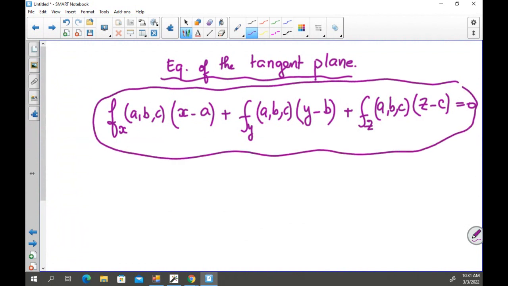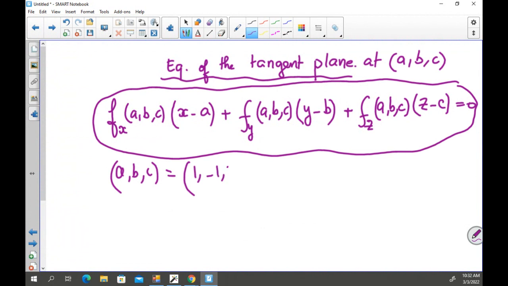This is the equation of the tangent plane at the point ABC. What is ABC here? What point are we looking at? Yeah, 1, minus 1, 3.